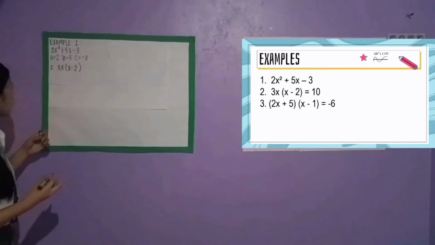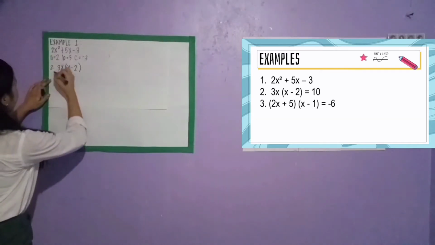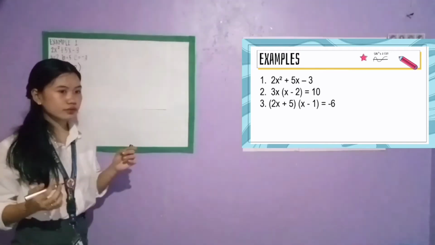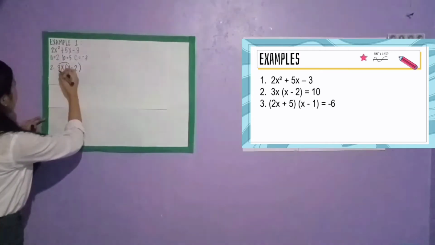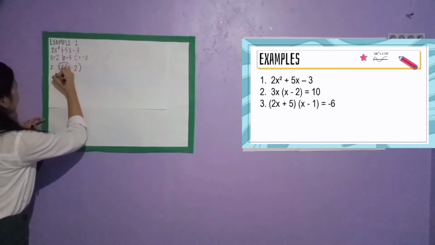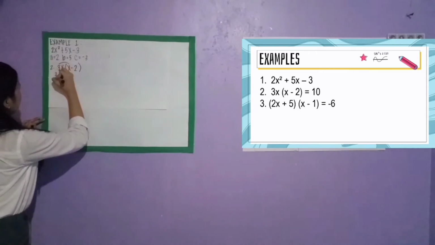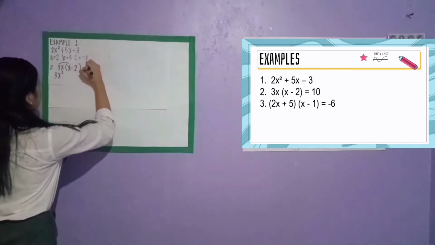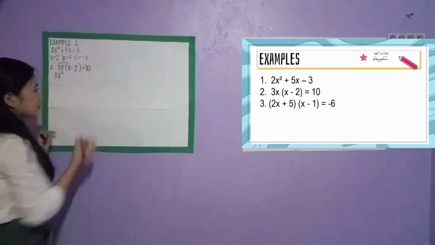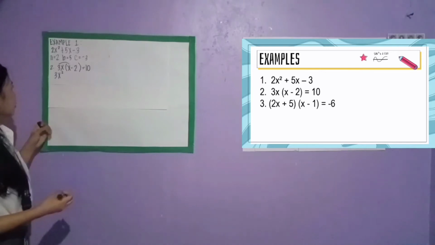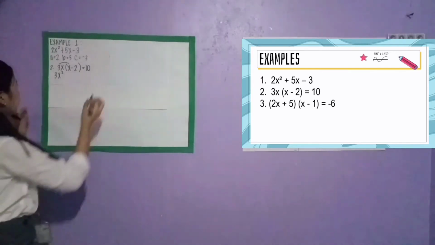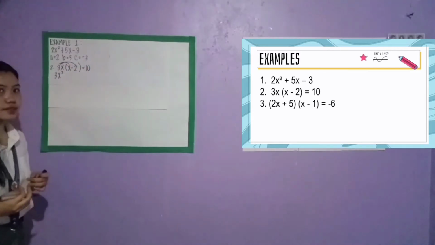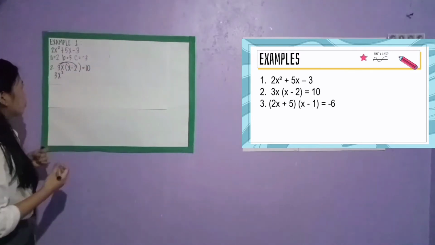So let's start solving. So 3x times x is equal to 3x squared. Oh, I forgot to write the 10. So the next step is to multiply 3x to negative 2.